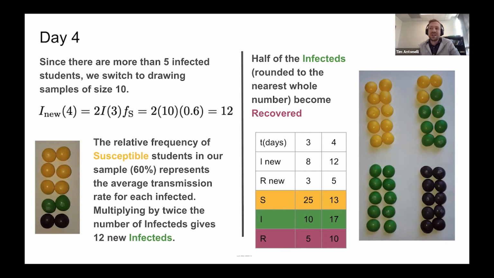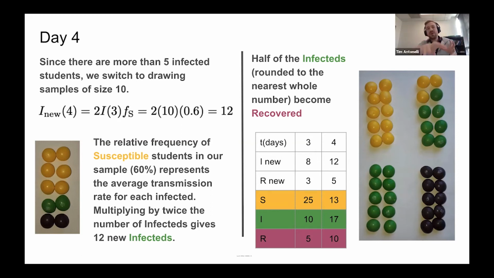What we decided was to have a second way to do transmission if the number of infecteds reaches this threshold. By the time you get to 5 infected, you would be drawing 10 close contacts. So when you get to 5 or more, we decided to just draw a sample.